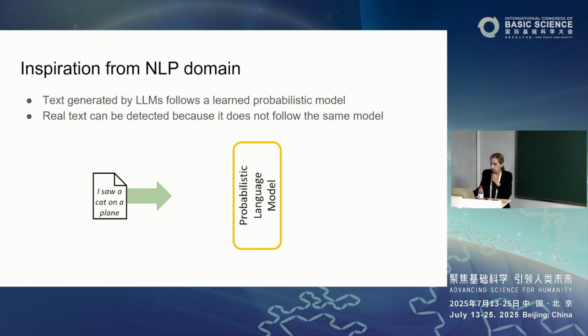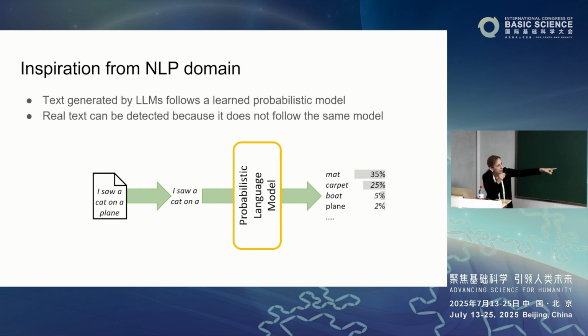Suppose that you have a probabilistic language model, with a sentence like "I saw a cat on a plane". When you start the sentence, "I saw a cat on a", the probabilistic model tells you the probability of the next word.